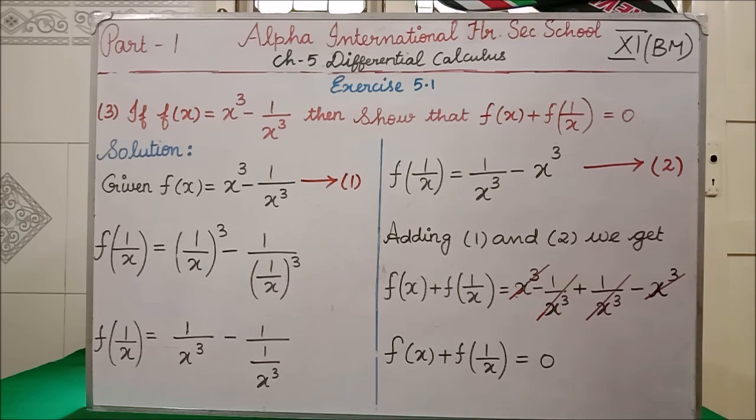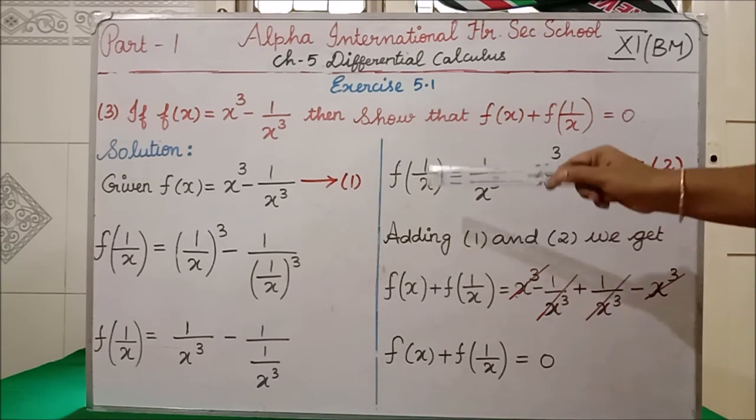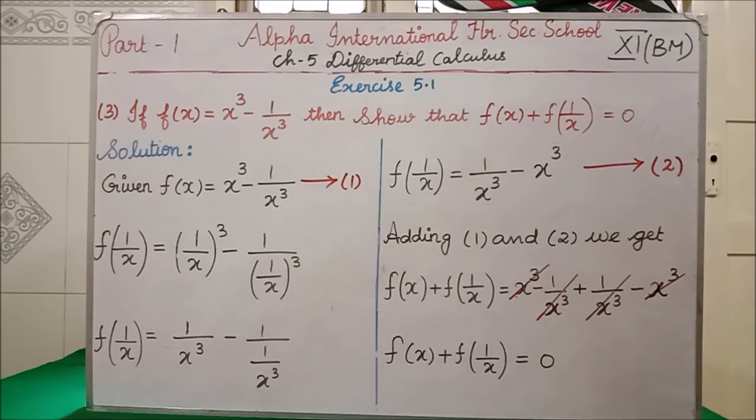Clear? You should not draw like this, and you should not write this side. You have to write continuously. After this step, below you have to write this step, then below this, and you have to write vertically. Clear? You have to maintain your classwork with neat and good presentation.